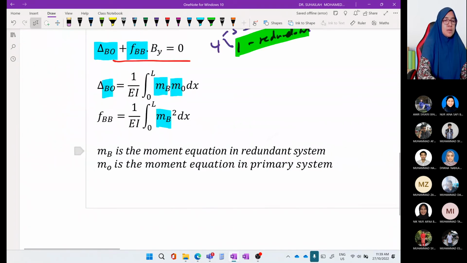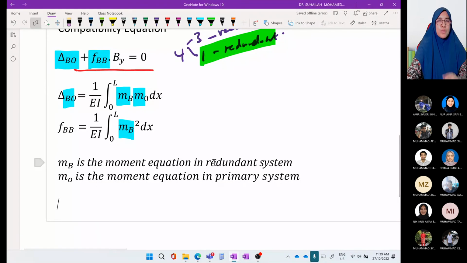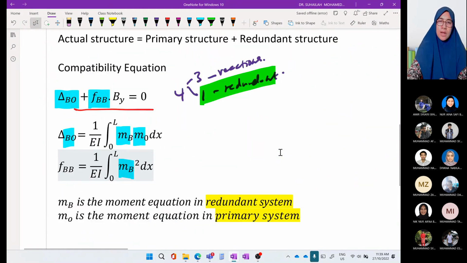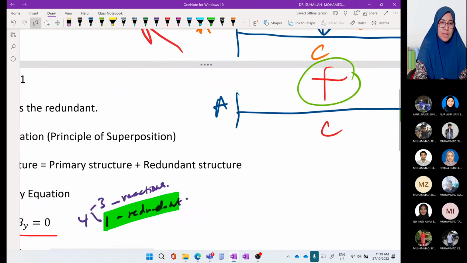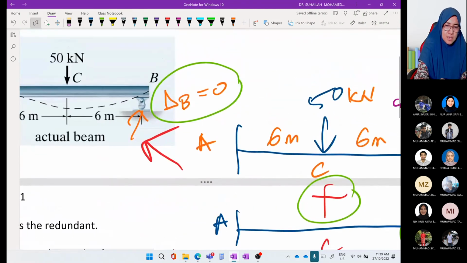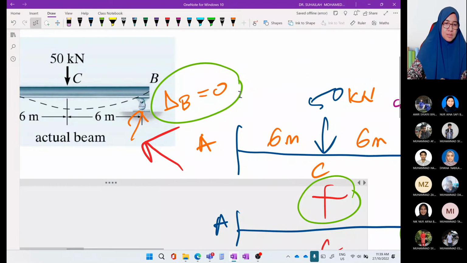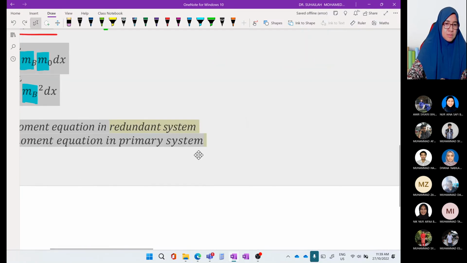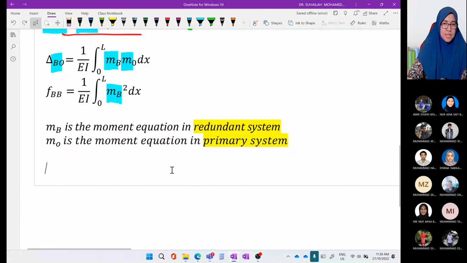So from this, we know that we have two systems to be analyzed, and both systems are determinate systems. What are the systems?